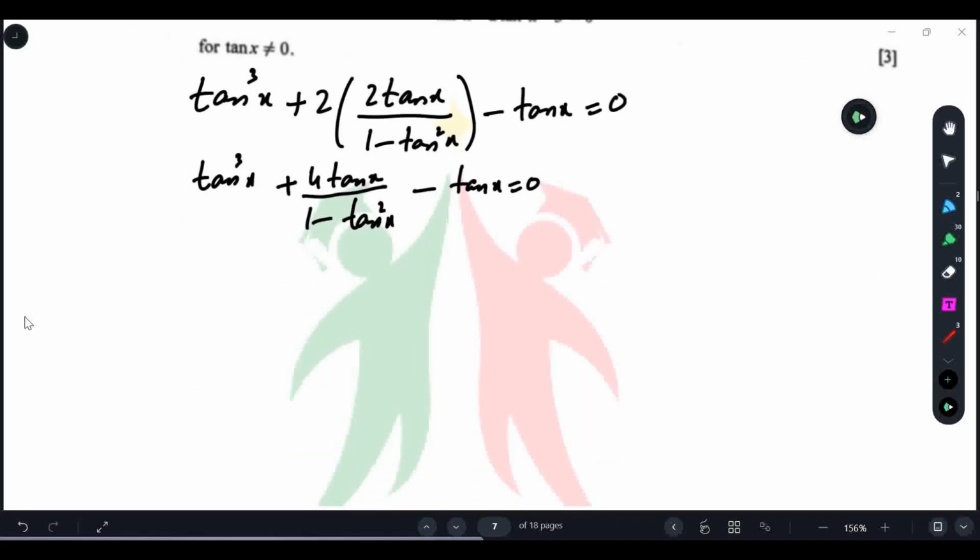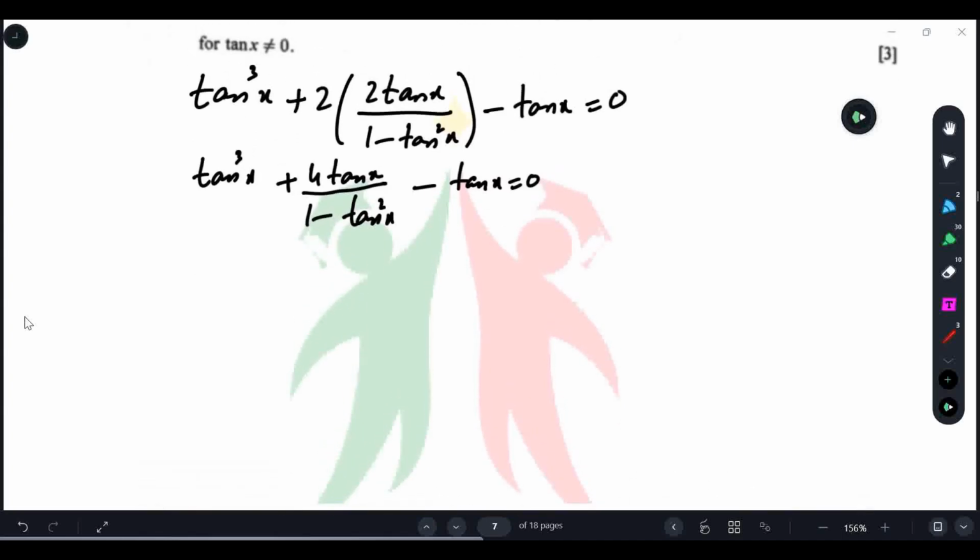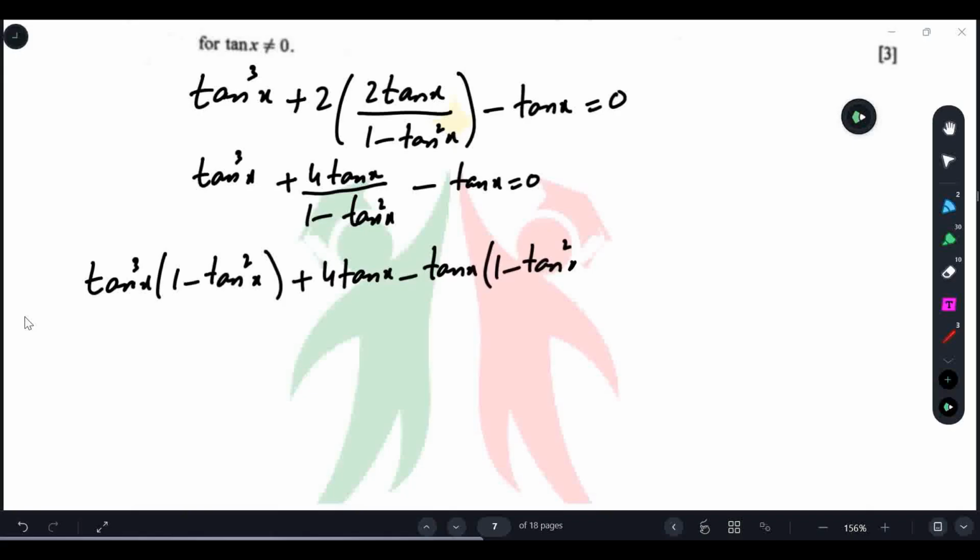Now if we take the LCM, this will be tan cube of x into 1 minus tan square of x plus 4 tan of x minus tan of x into 1 minus tan square of x is equal to 0.